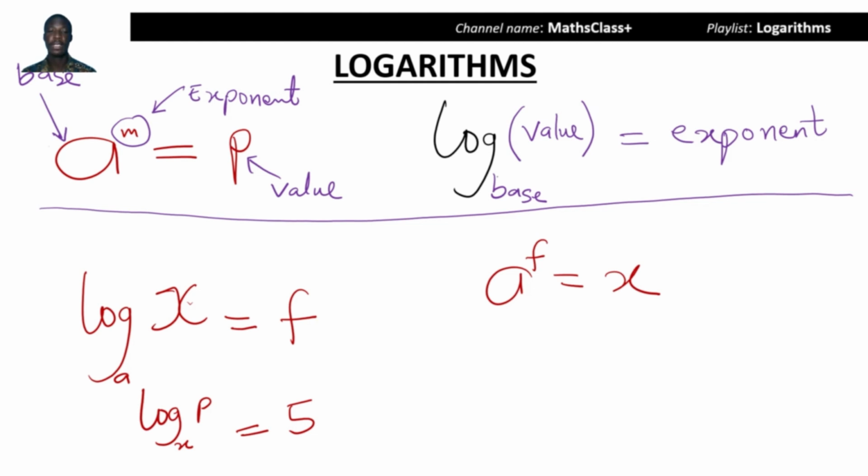And that will give us p is equal to x to the exponent 5. I hope this is clear.